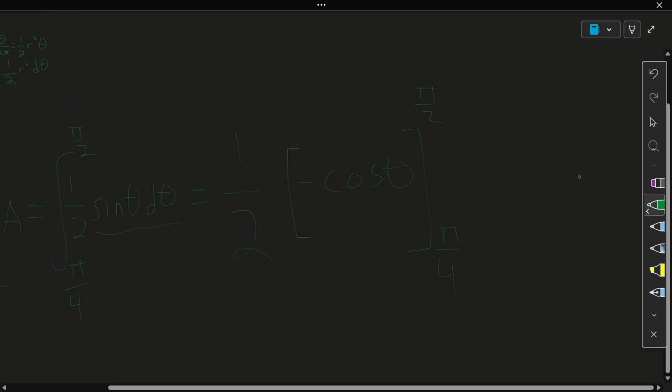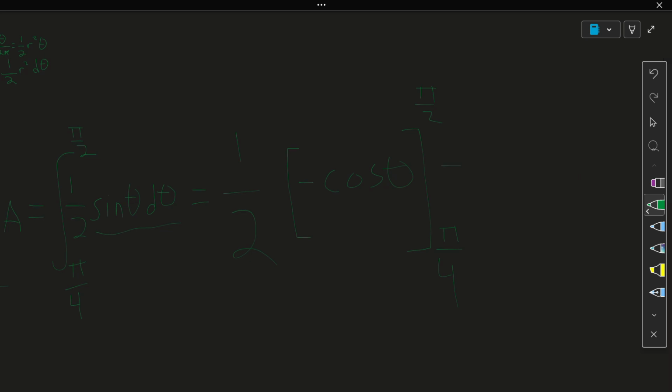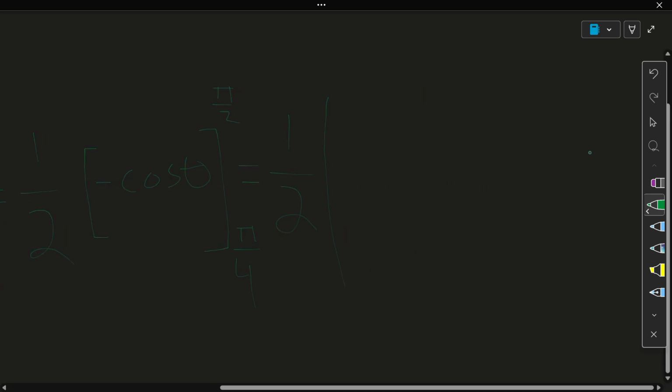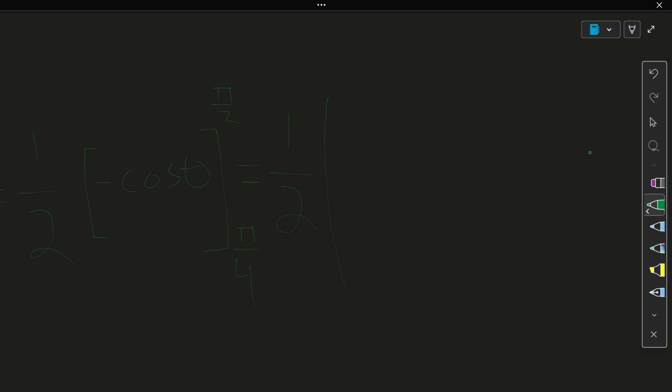Now from here, we can just do some pretty simple math. If you need a calculator, you should use it here, but I have these memorized, so it becomes fairly easy. So we have first negative cosine of pi over 2. Cosine of pi over 2 is just going to be 0.